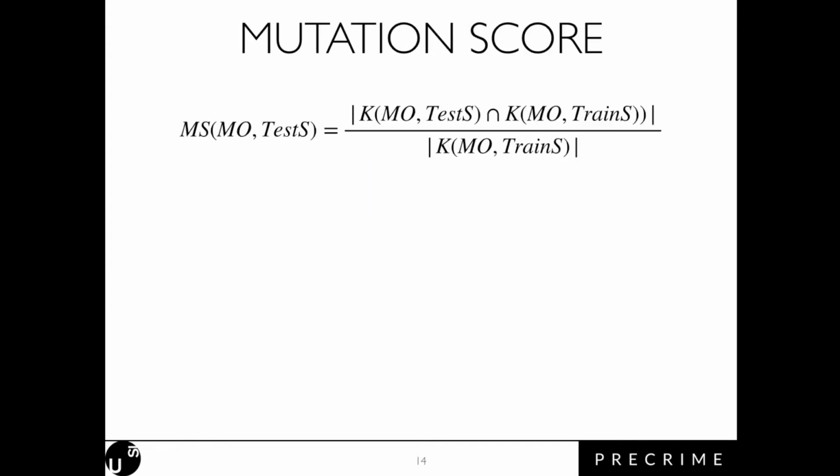Then we have also the mutation score. In traditional software, the mutation score is usually a ratio of the number of killed mutants to the total number of mutants. Here we had to adapt this a bit.